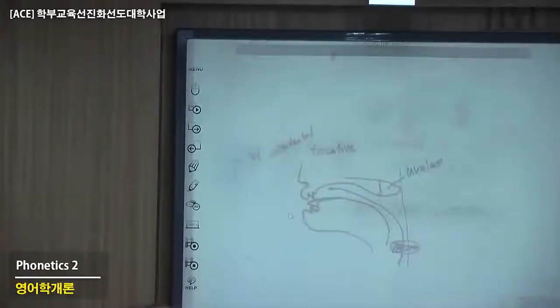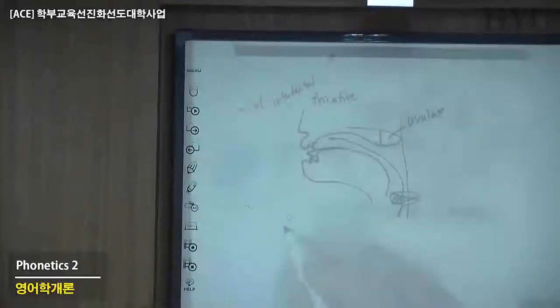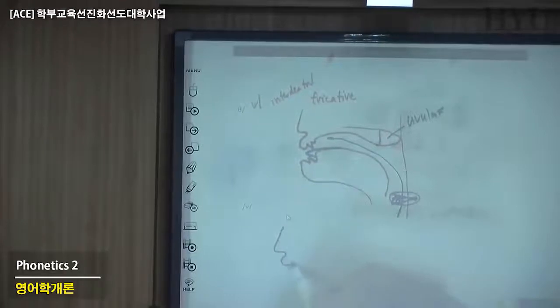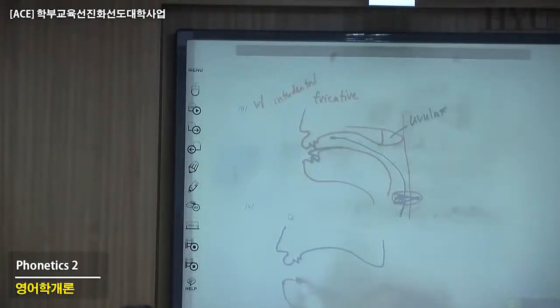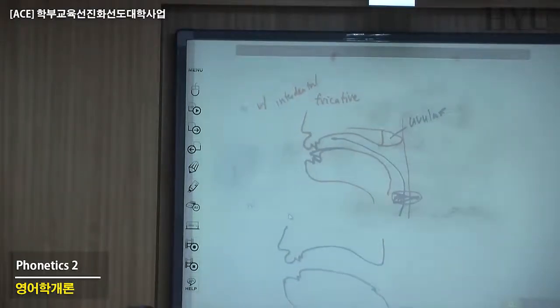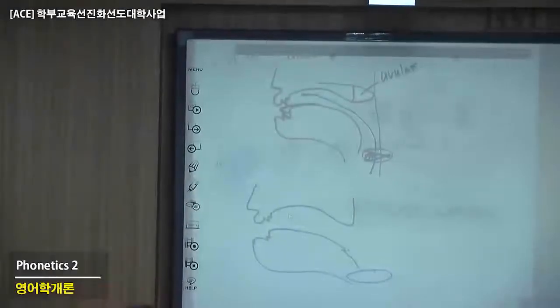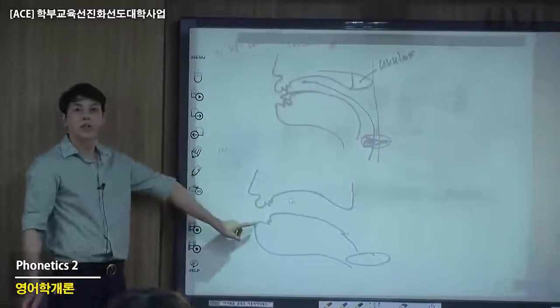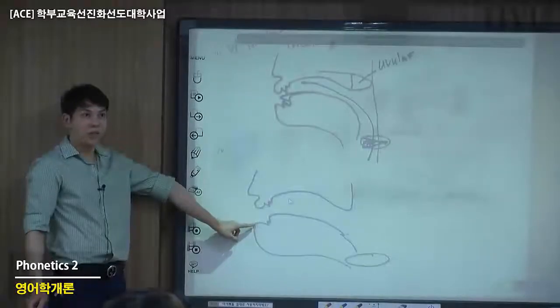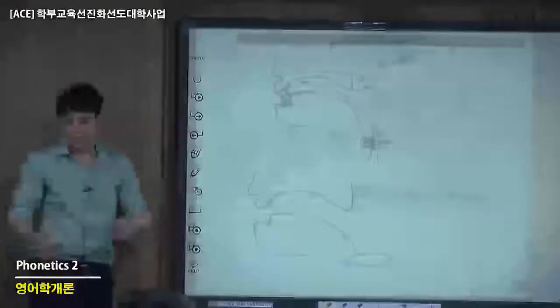So as in the next one, the V, so I might give you like this. And then like that. So in this case, the V, you use your lower lip against the upper teeth, right?